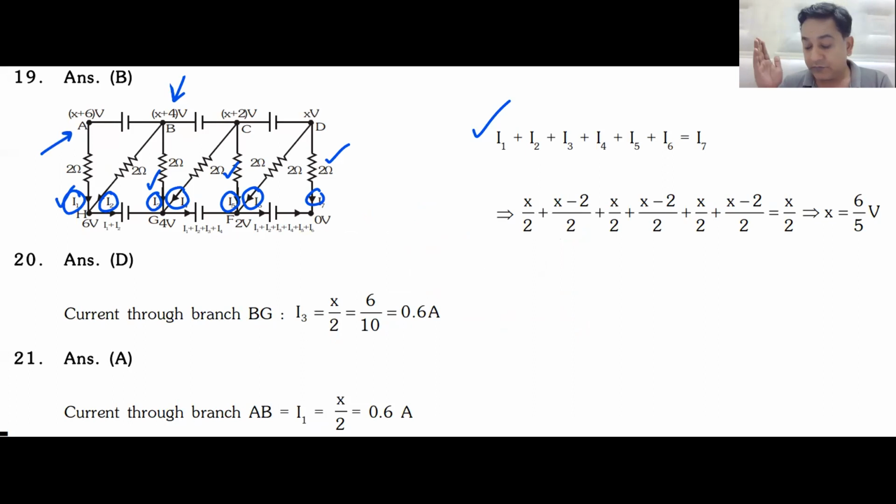You go from A to B and see how much the potential difference is. Oh, sorry, we'll not get it from here. You go from this point A to this point and look at the potential difference between this point and that, and you divide it by the resistance, which is 2 ohms. This is how you will get the current in this branch.